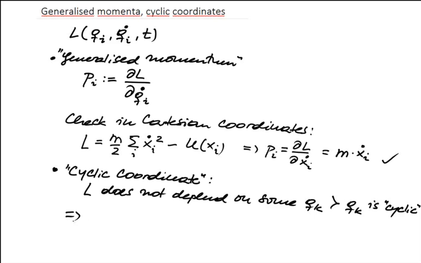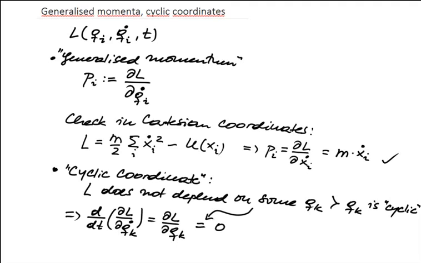But what is the consequence of that? If the Lagrangian does not depend on this coordinate q_k, then let's look at the equation of motion we have here for the components k. That's what the equation of motion says. Well, if q_k is cyclic, then the partial derivative of the Lagrangian with respect to this coordinate vanishes.